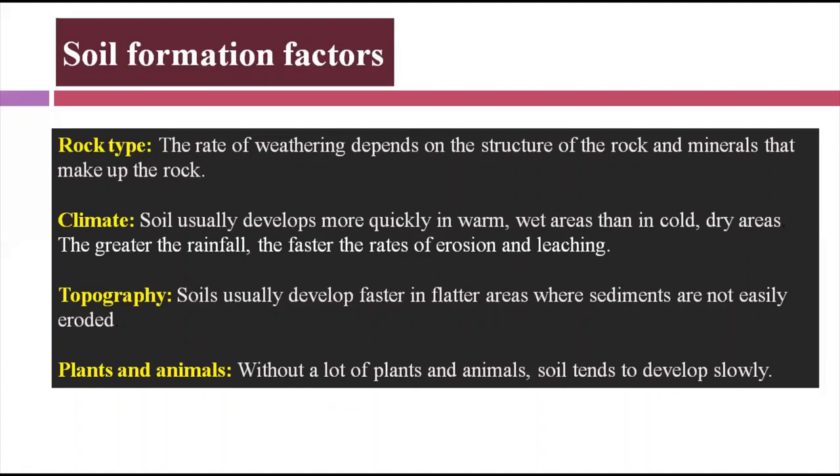So soil will have a slow rate of formation where the remains of plants are very low. So soil जहाँ जहाँ plants और animal की तादाद ज़्यादा होगी, उनकी remains की तादाद ज़्यादा होगी, वो soil जल्दी में बनता जाएगा. So it was all about the soil's factors, properties, and the composition of the soil.